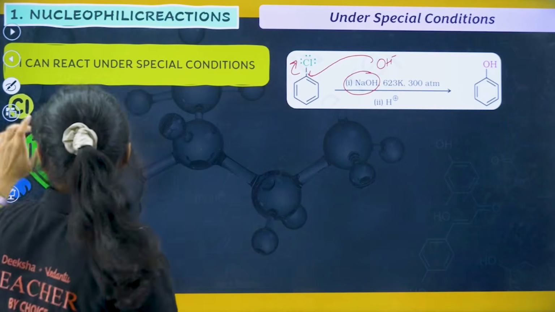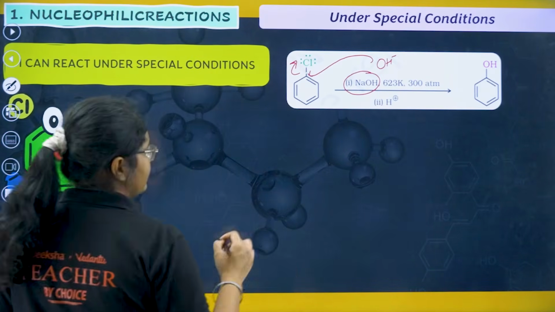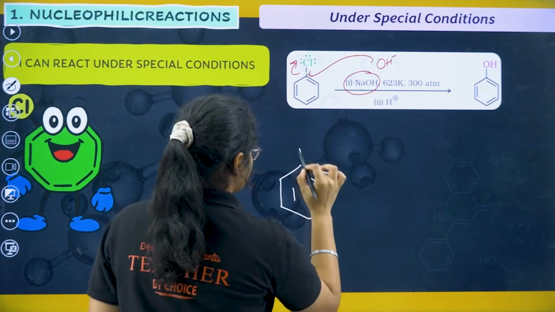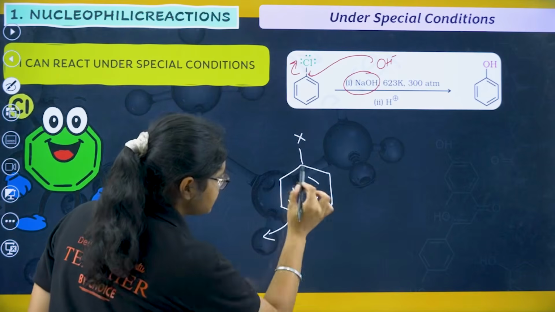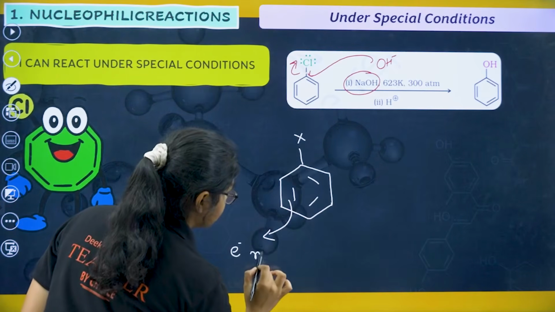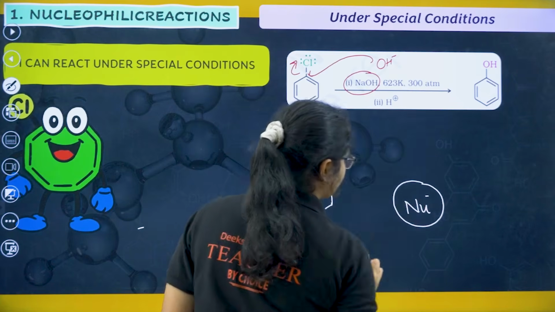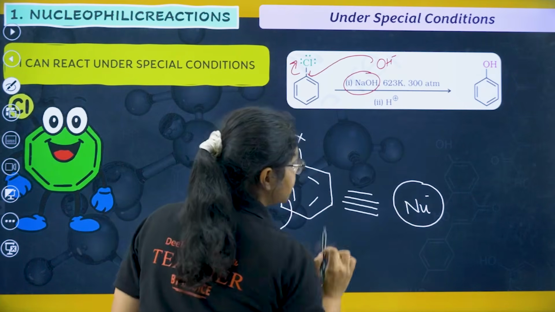Now I have told you in the starting of the class today that here this benzene ring, okay, this R group is electron rich, and when you have a nucleophile here which is also electron rich, so there is a repulsion between them.